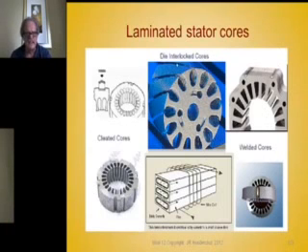And this is the die interlock core, and this is very interesting to see. You punch these little detents or louvers or interlocking grooves into each lamination, and as the laminations come out of the bottom of the die, a plate forces them together, so they nest together and you wind up with a stack.